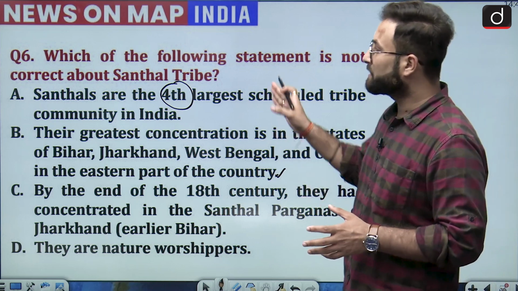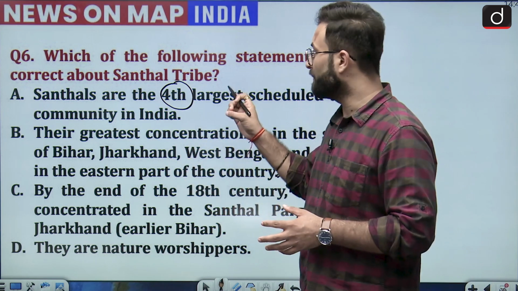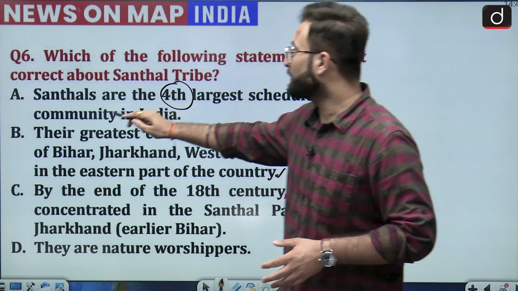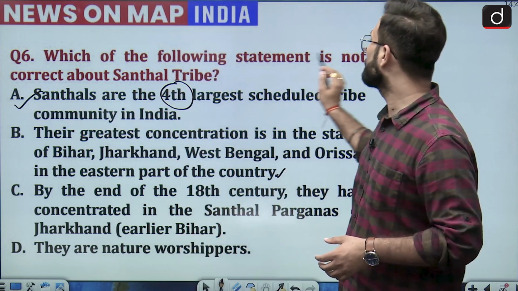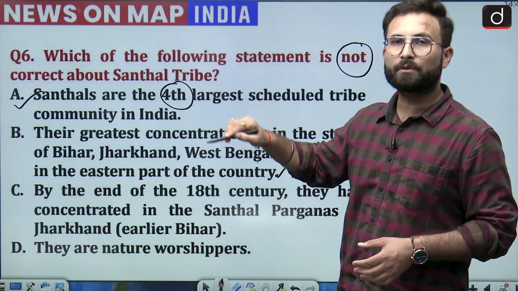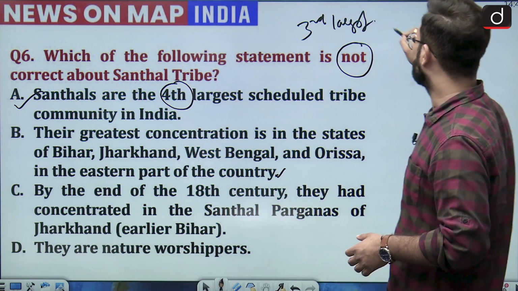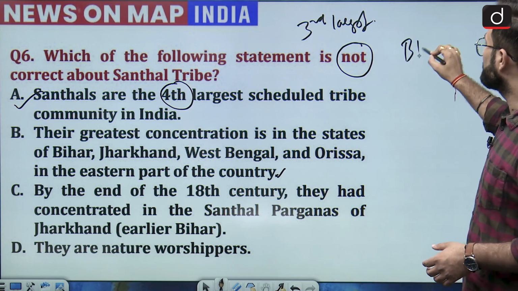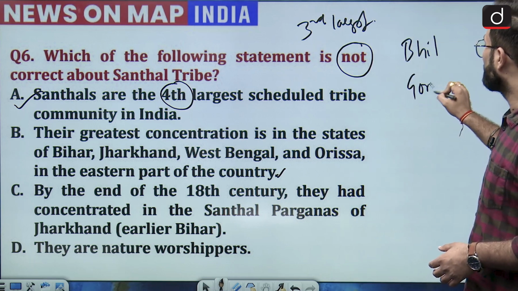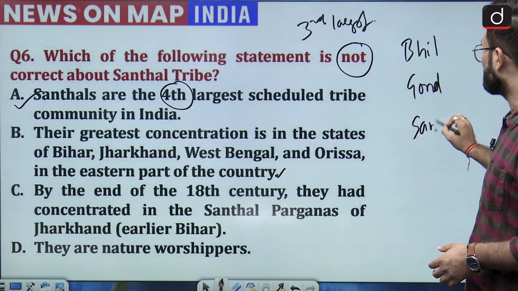Now, this is a factual part, so I will just tell you the answer: option A is the right answer, because they are asking for the statement which is not correct. Santhal is the 3rd largest one. Here first is Bhil, second is Gond, and third is Santhal.